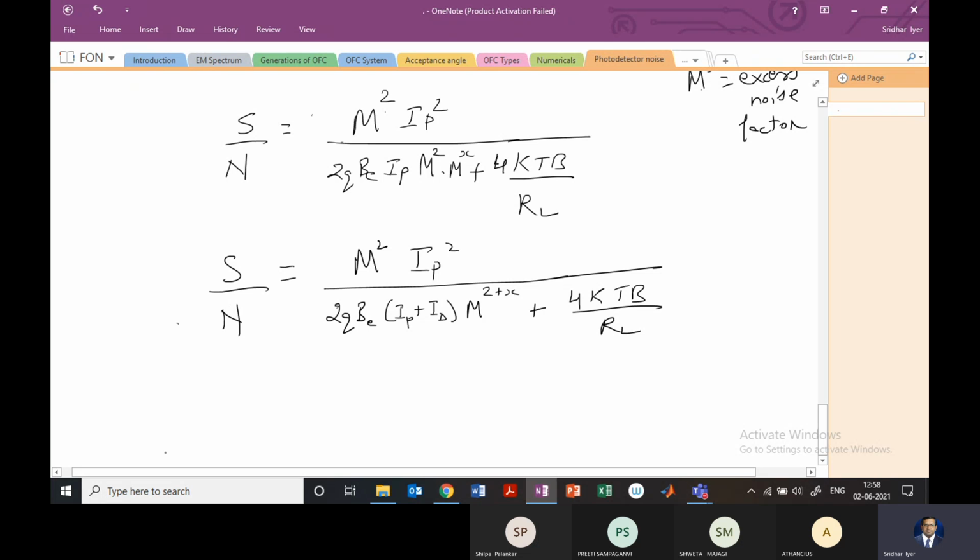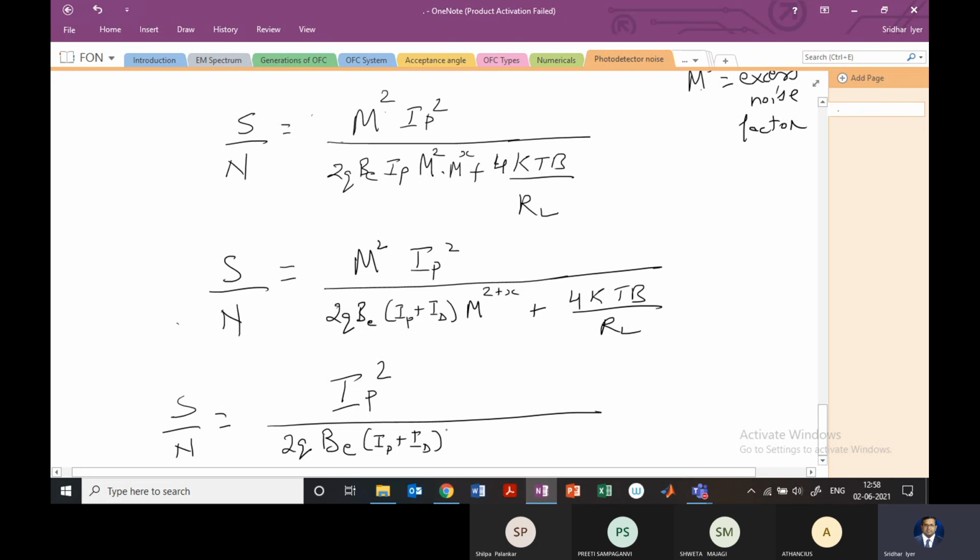Now let's adjust this equation a little bit in terms of getting the m factor. So I'll take that m square in the denominator. So I'll have IP square left in the numerator, and then I have 2q BE into IP plus ID.